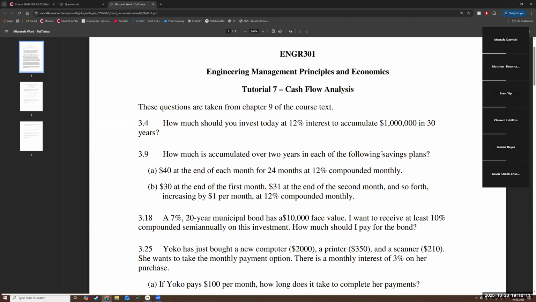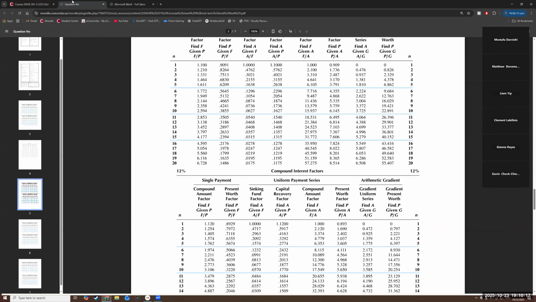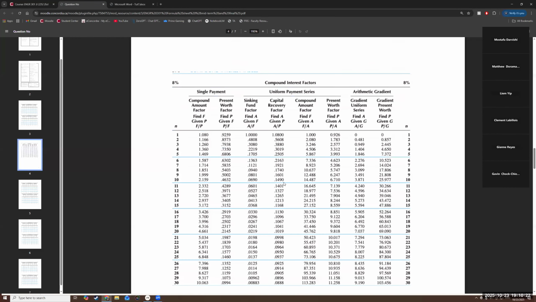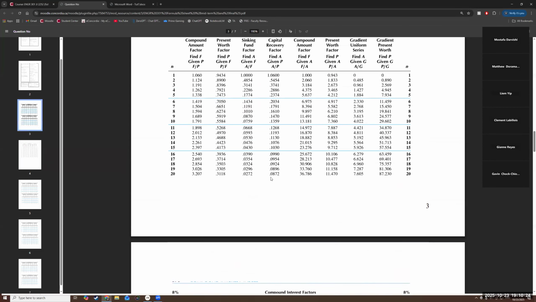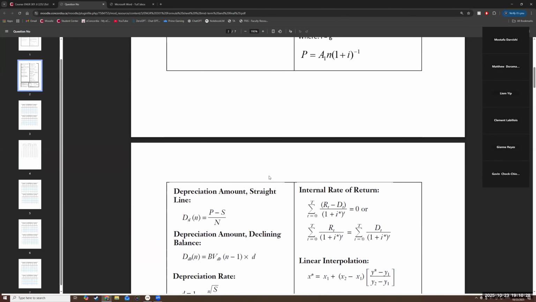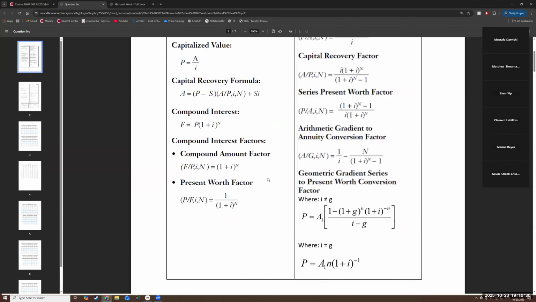Yes, Mustafa, you have a question? Yes, Matthew. Could you please go back to the formula sheet? I probably didn't understand a part. I still doubt why we can't use the last formula, which is the present worth factor. Because you said the first letter is what we want, the second one after the slash is what we have.